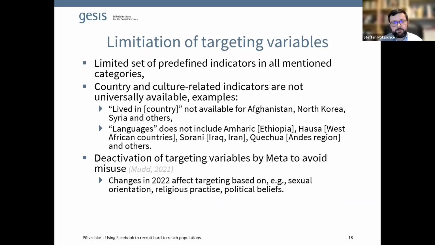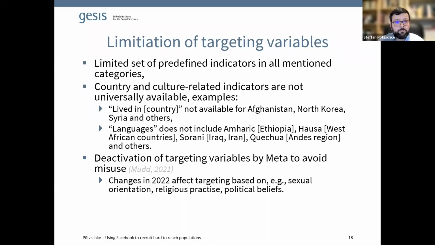And this even applies to the just mentioned open text field, because while I can type in any word I'm interested in, I cannot use it directly as a targeting characteristic, but then Facebook, or FEM, will suggest interests that are similar to what I'm trying to type. So you can think about this functionality the same way as you would get proposed search terms in Google. It's basically the same thing.